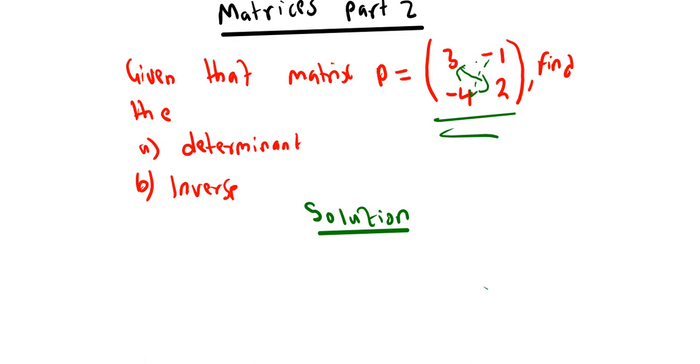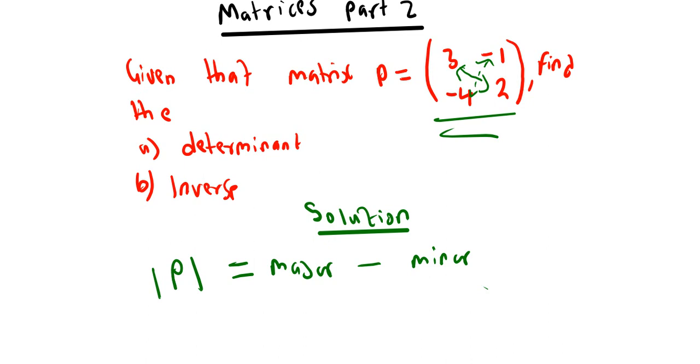So for you to find the determinant, you say determinant of P is equal to major diagonal minus minor diagonal. If you know the things in the major diagonal, you multiply them, then you subtract the product of the things in the minor diagonal.